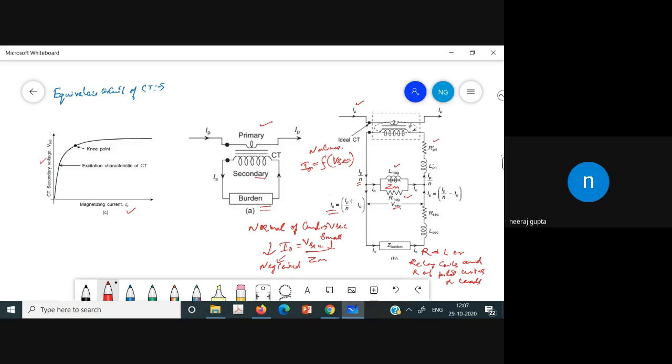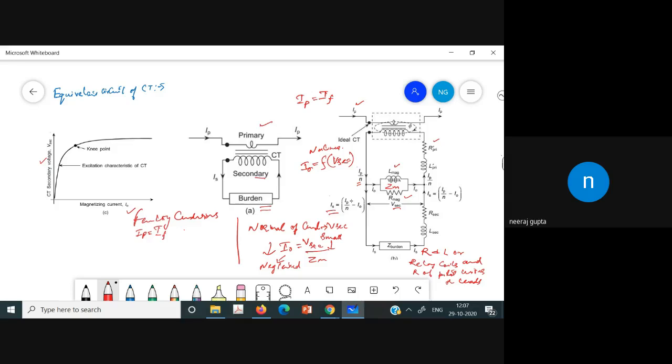However, at high values of the primary current, let us suppose when the fault occurs, the value of the primary current is very high. This is in case of the normal condition, and now under the faulty conditions, I primary equals I fault, and its value is very large.